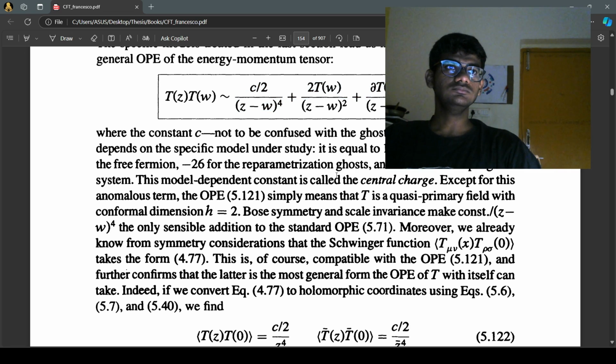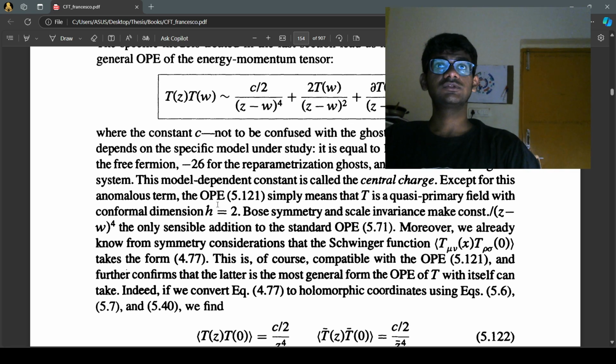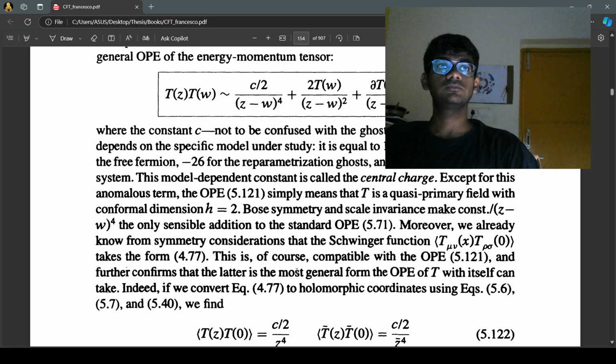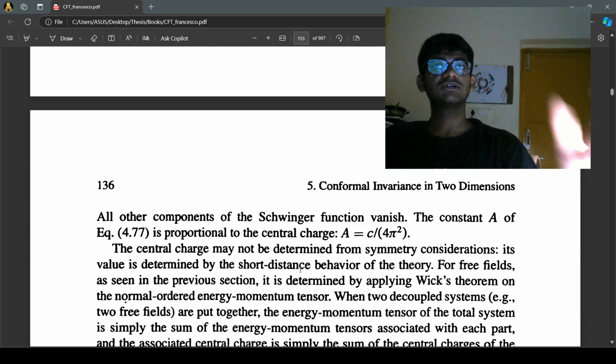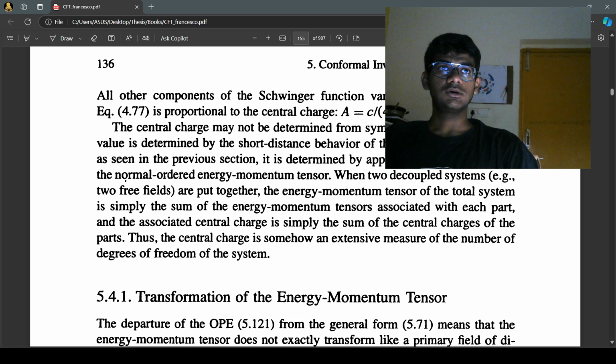So it sort of fits in that there is a term of this form if it's not a quasi-primary field with conformal dimension h equals 2. These things I'll go understand with more depth, or a bird's-eye view and big picture, when I'm writing about them. But yeah, these are interesting things.